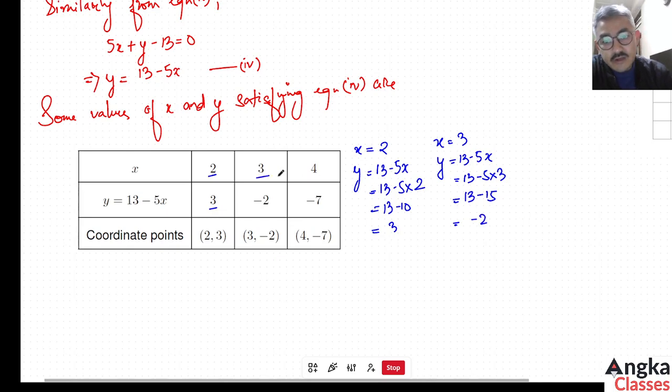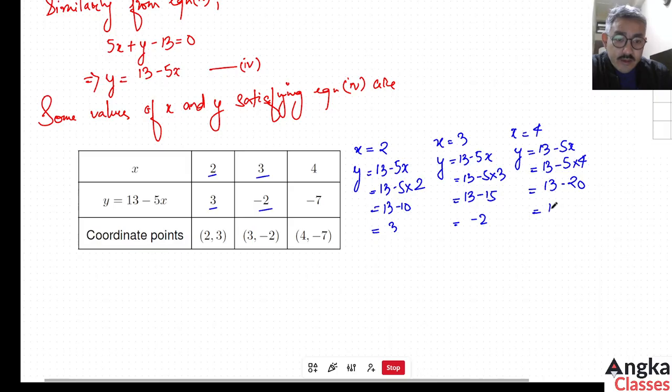So for x equal to 3, y is minus 2. Similarly, for x equal to 4, y is equal to 13 minus 5x, which is 13 minus 5 into 4, so we have 13 minus 20, which is minus 7.